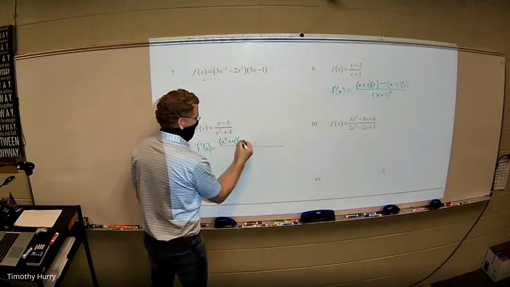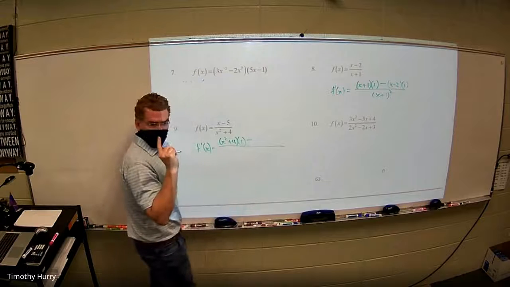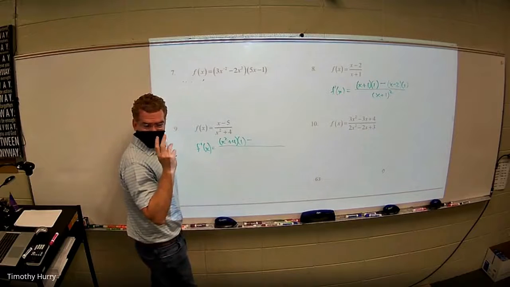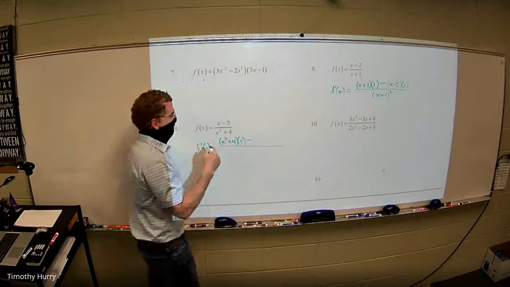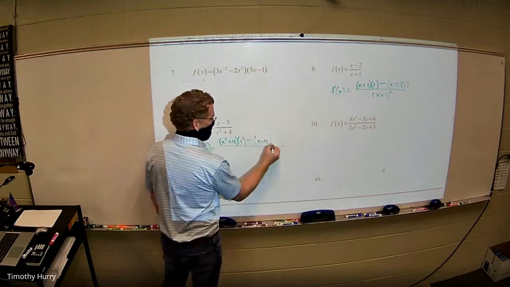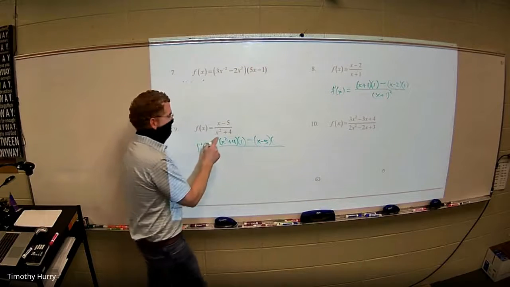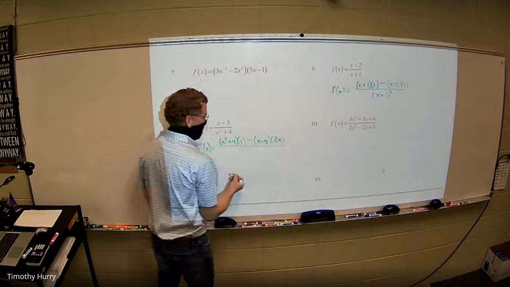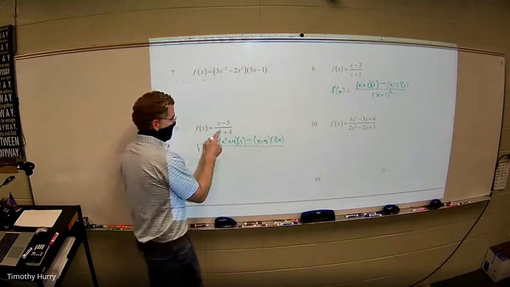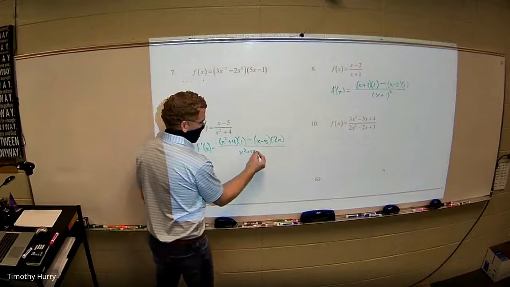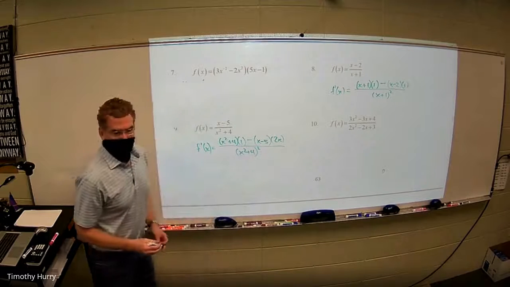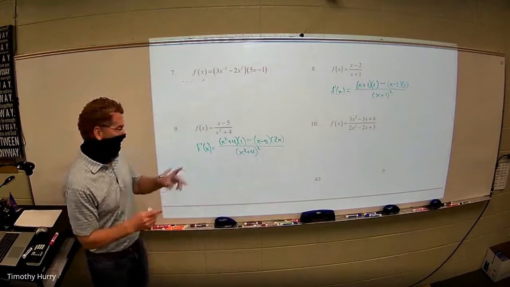One minus x minus 5, the high, times 2x, the low, over the low squared. And by the way, do you see the importance right here?